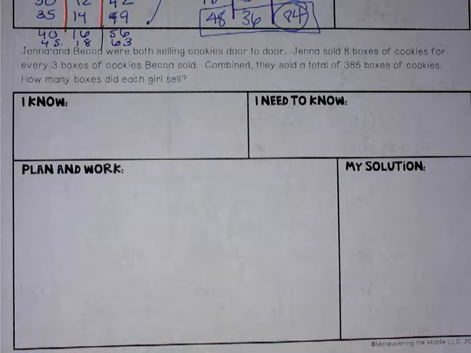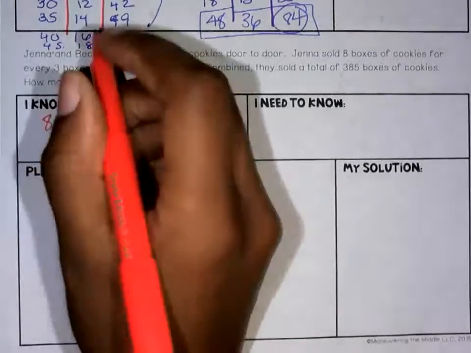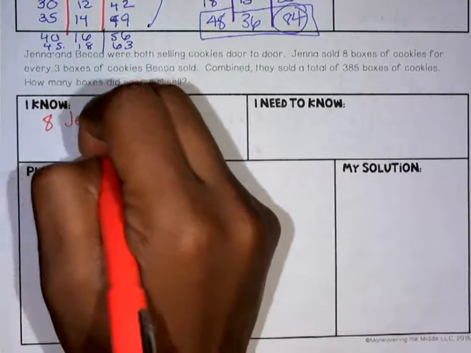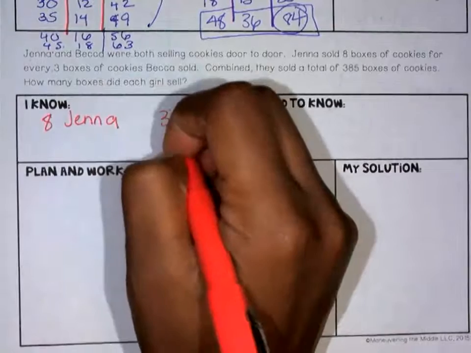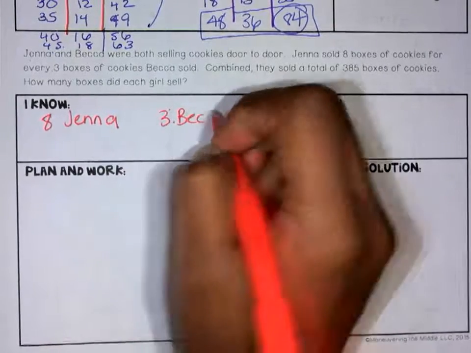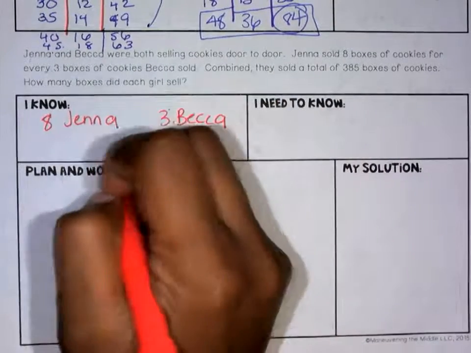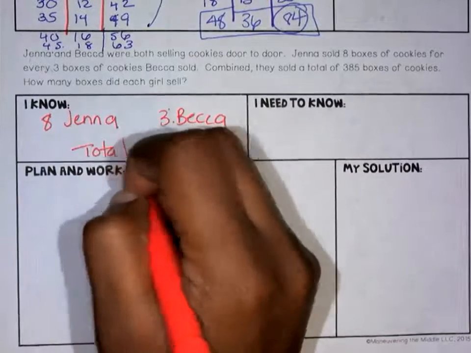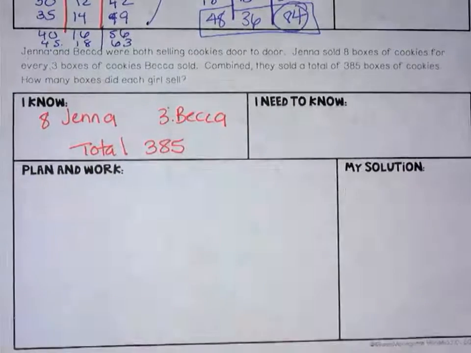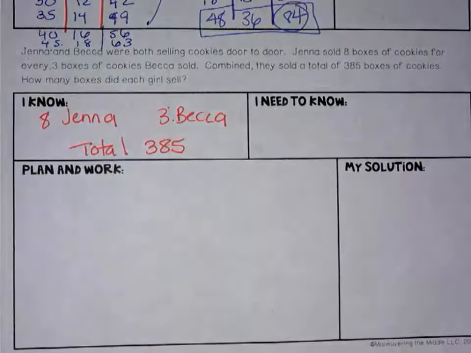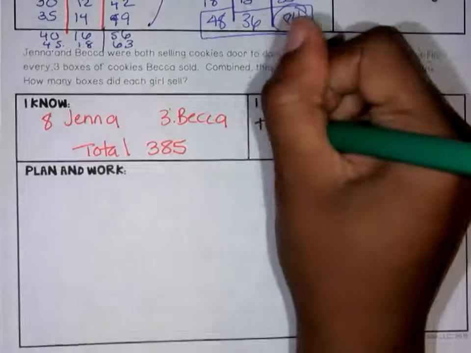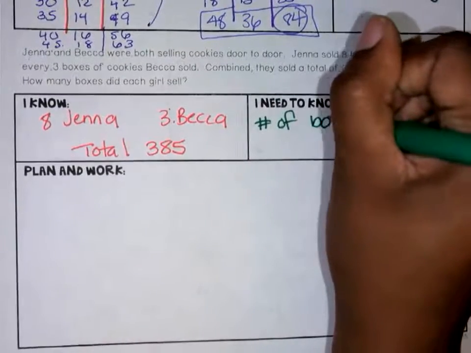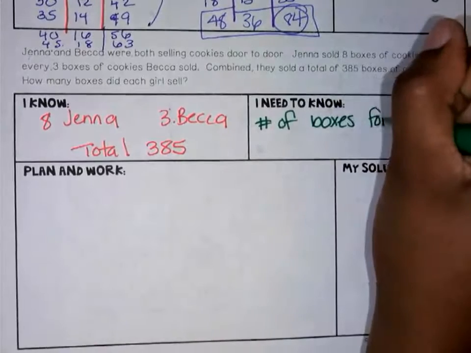All right. So the information that you know is that 8 was for Jenna and 3 is for Becca, and your total is 385. What you need to know is the number of boxes for each girl.